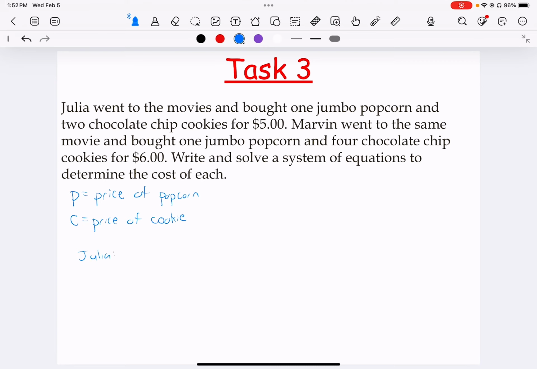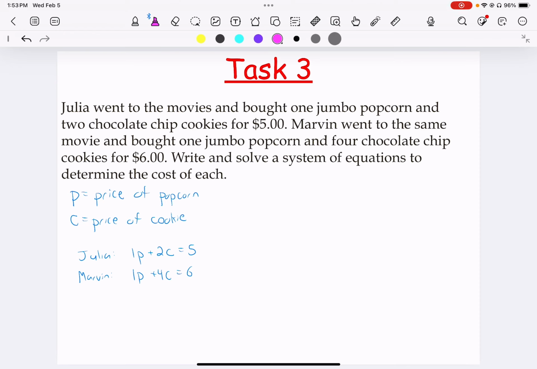She bought 1 jumbo popcorn, so that's 1P, and 2 cookies, equal to $5. Now for Marvin, he bought 1 jumbo popcorn, so 1P, and 4 chocolate chip cookies, 4C, for $6.